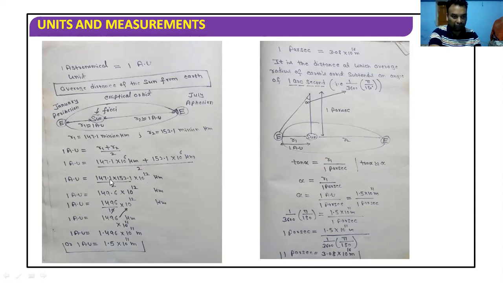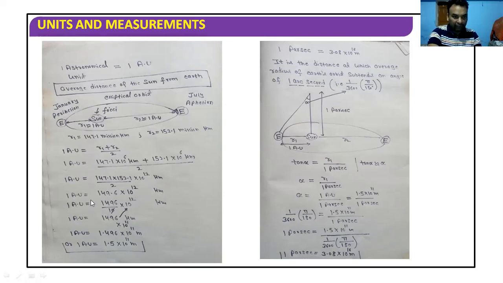You add and divide: 147.1 plus 152.1 divided by 2, we will get 149.6. Multiply by 10 to the power 12, because when bases are the same, the powers are added. Base is 10 over here, base is 10 over here, then both the powers will be added. So we will get 10 raised to the power 12, and it is in kilometer.